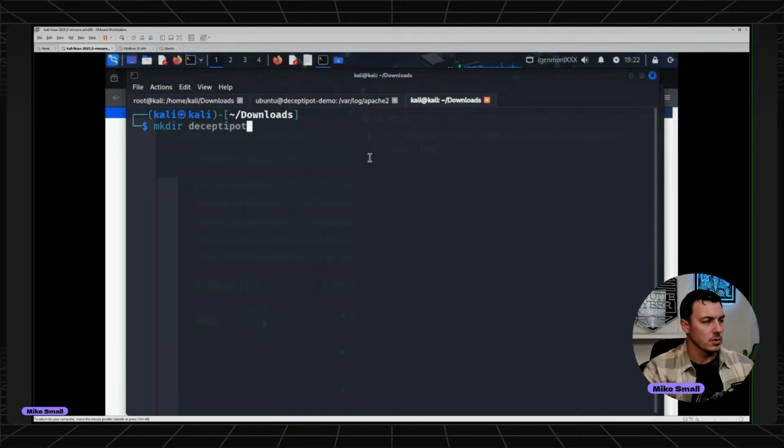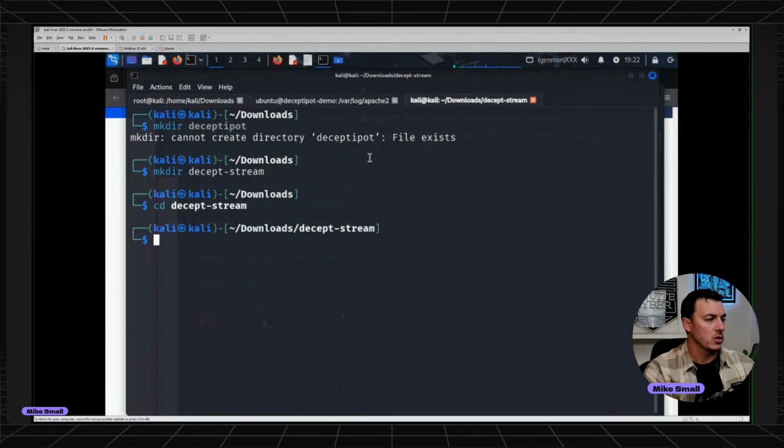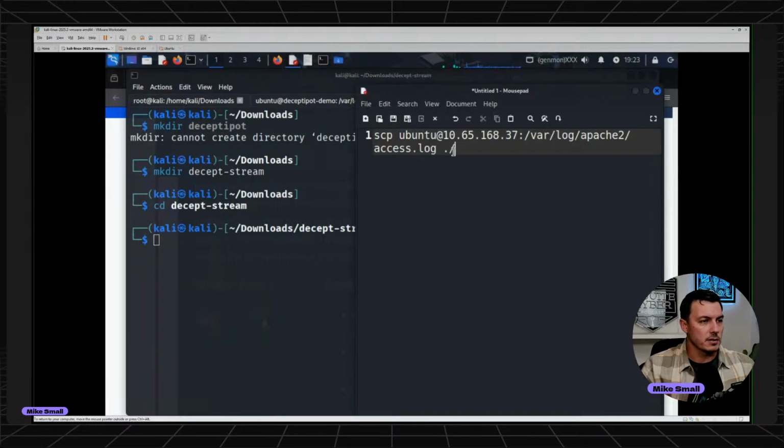Let's see, we'll do Deceptipot. Oh, we already have that. mkdir deceptistream, cd deceptistream. So I'm just using tab complete if you're wondering how Mike is able to do that so fast. Just like that.